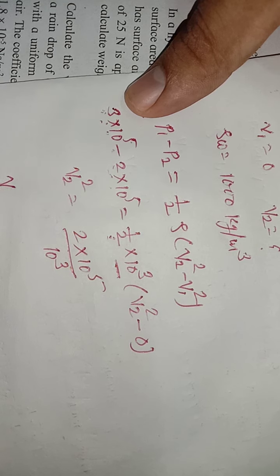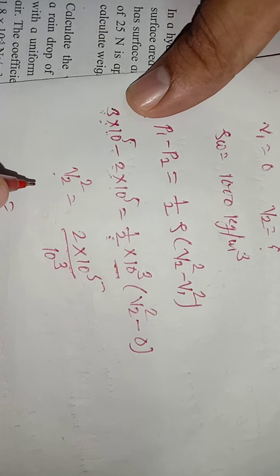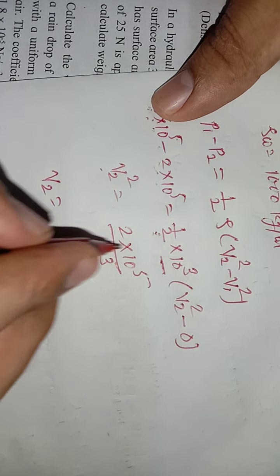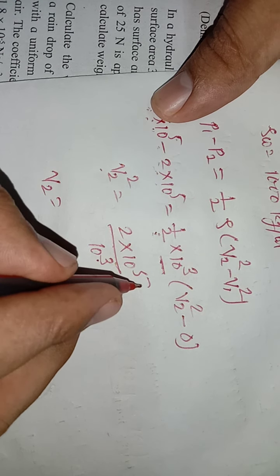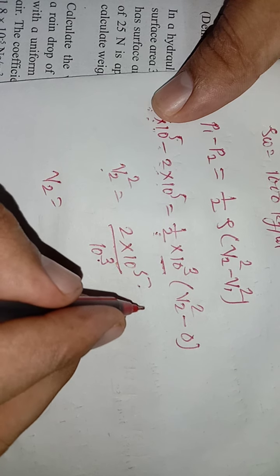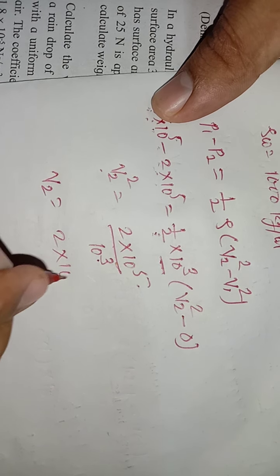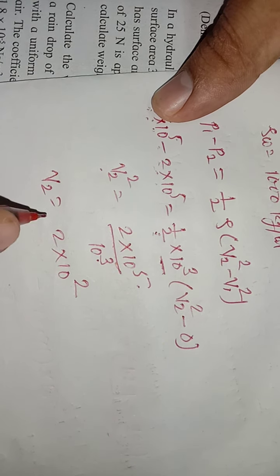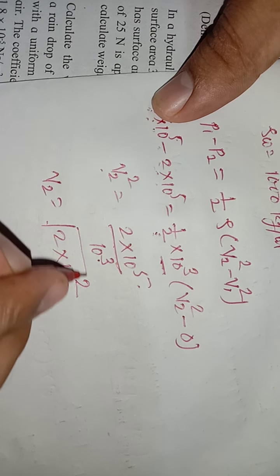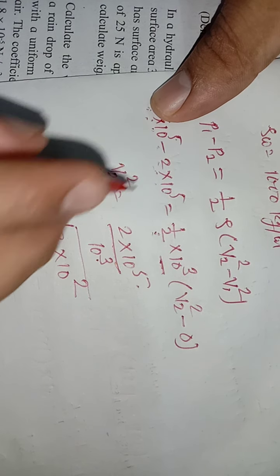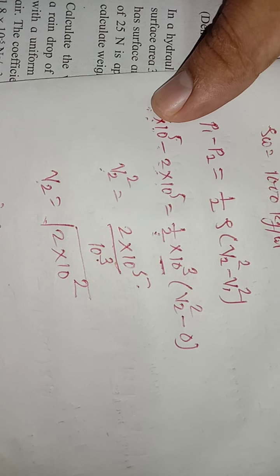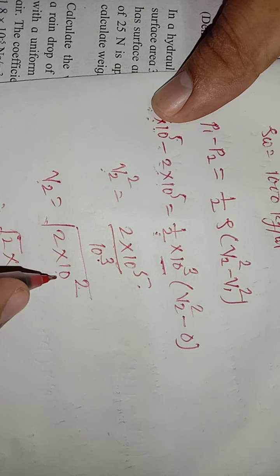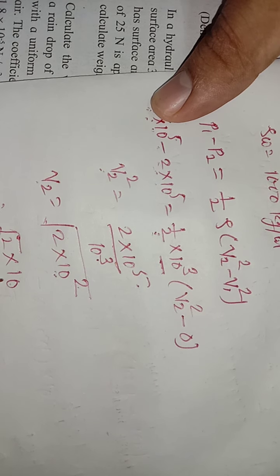So v2 square is equal to 2 into 10 raised to 5 minus 3, that means 2 into 10 raised to 2. Because it is v2 square, we take the under root, so we can write v2 as root 2 into 10, because the square of 10 is 100.